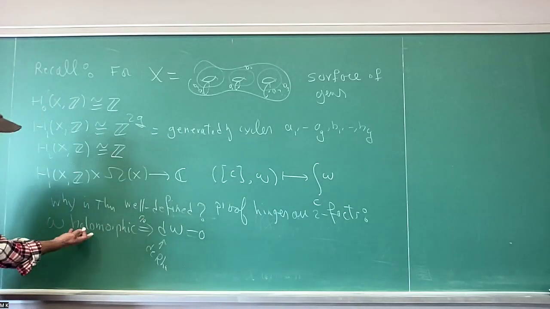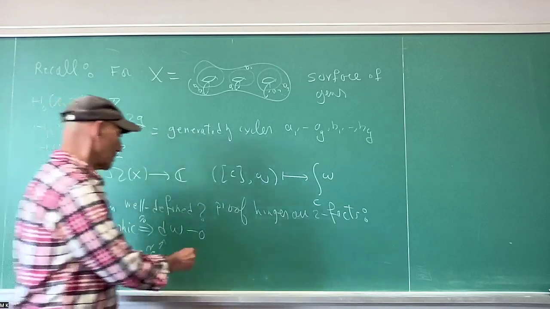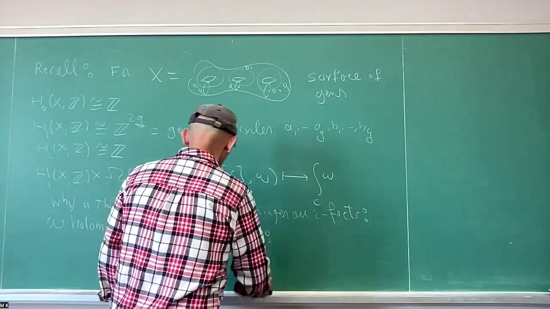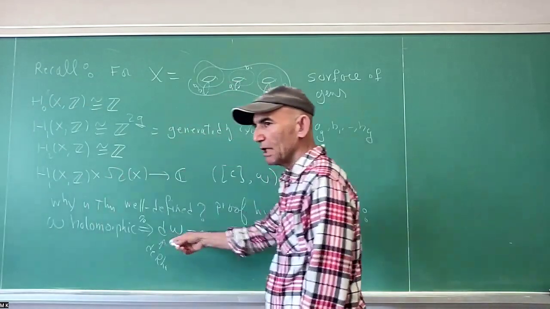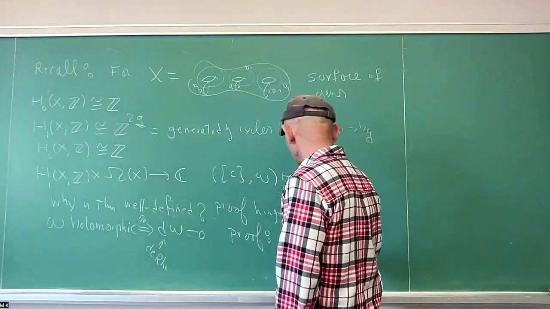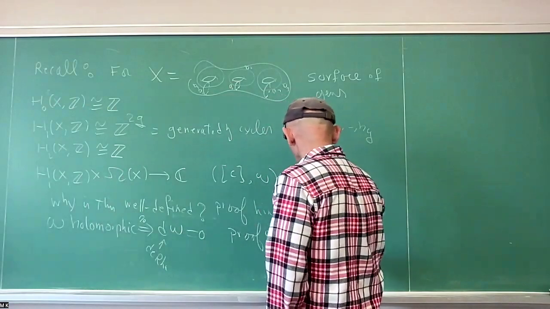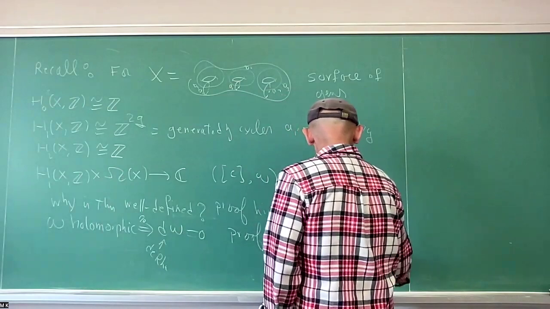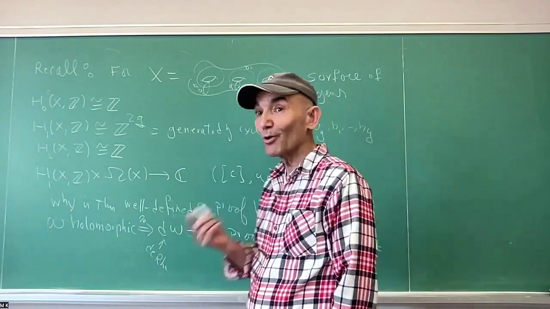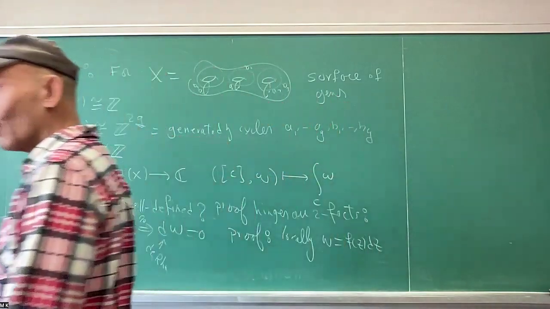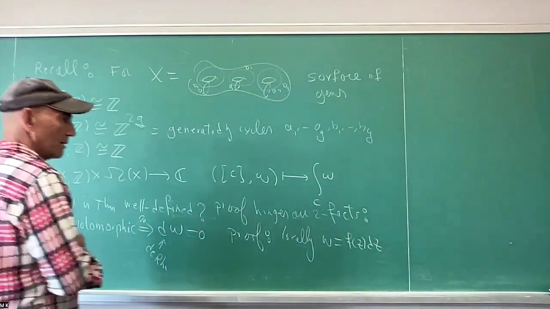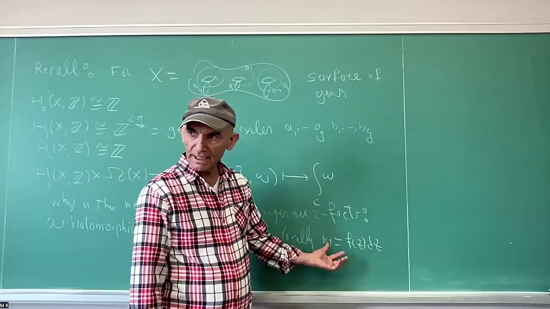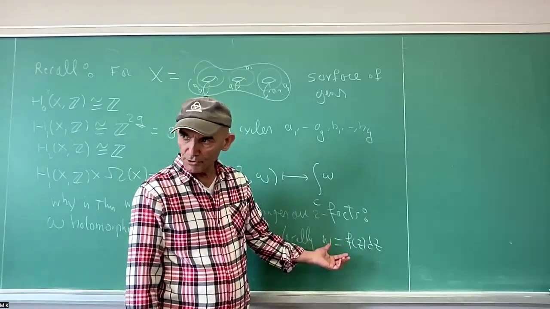Well, it's quite easy to see, so here's a proof. What holomorphic means is that locally omega can be written as f of z dz. Only locally you can write it like that. Now you want to differentiate this and show that its de Rham derivative is zero.